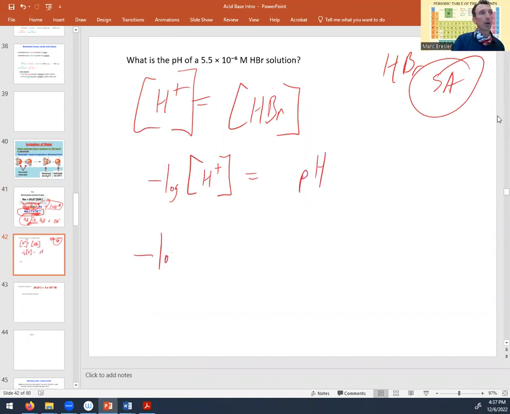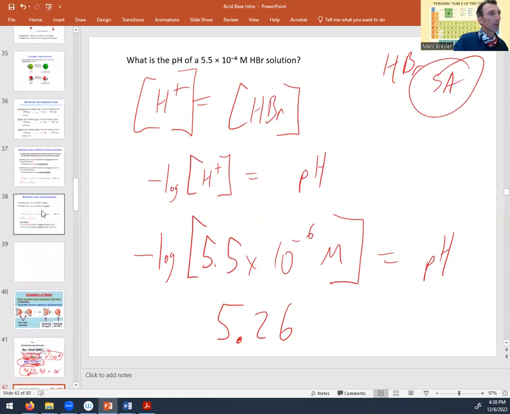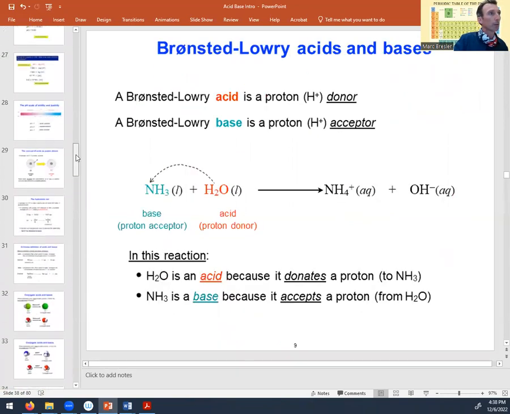So the negative log of 5.5 times 10 to the minus 6 will equal your pH. So that comes out to be 5.26.